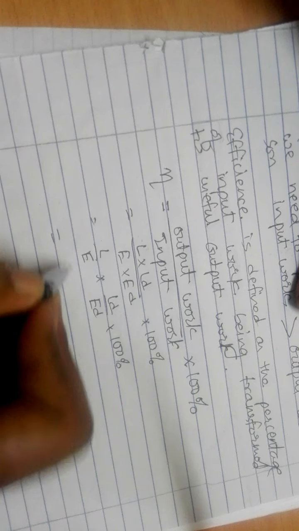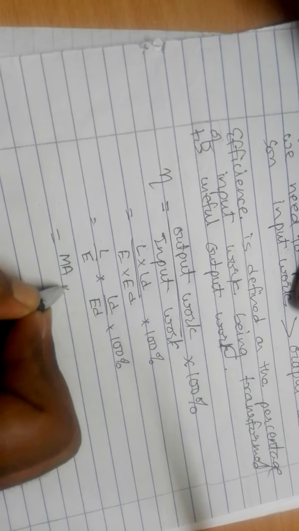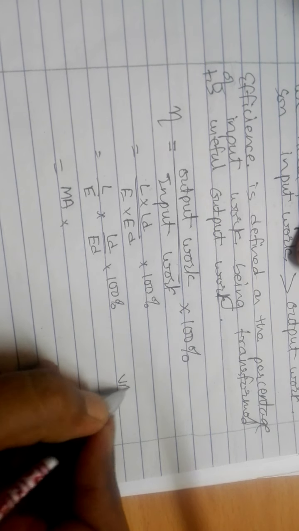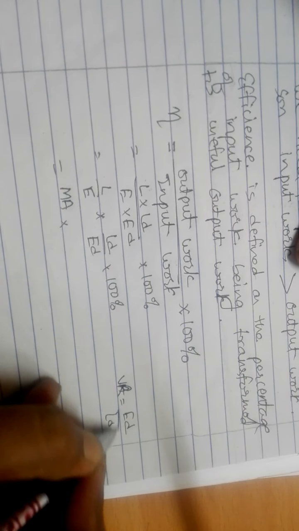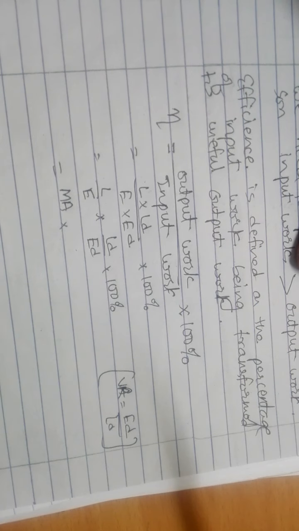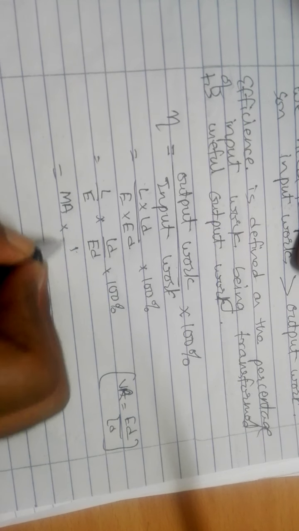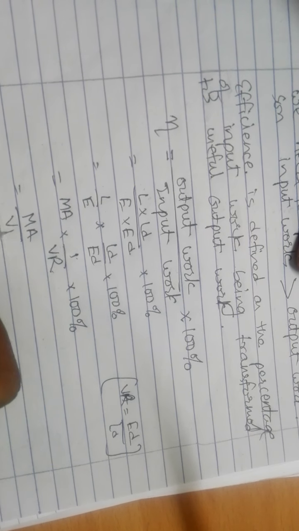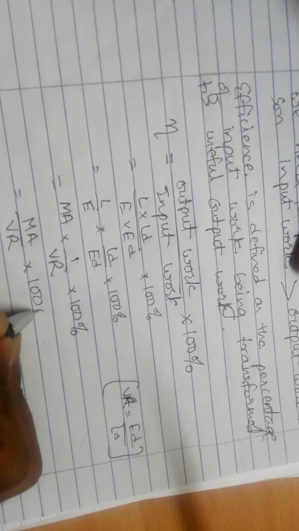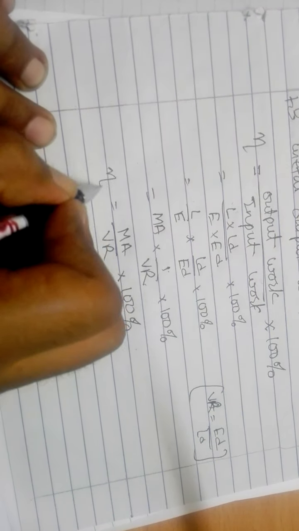Now L by E is an expression for MA, and LD by ED is just the opposite of VR. You know, VR equals ED by LD, isn't it? So LD by ED is just the opposite of VR, so we can write it 1 by VR into 100%. So it becomes MA by VR into 100%.